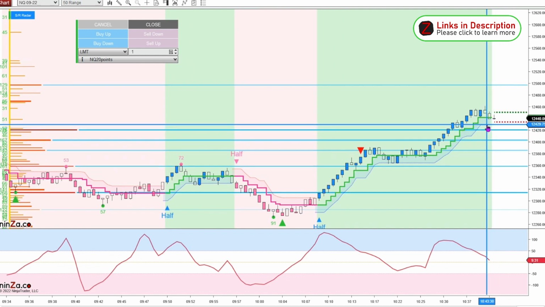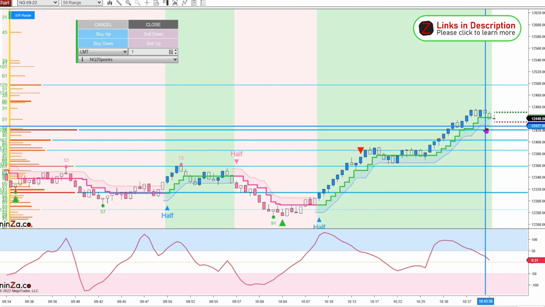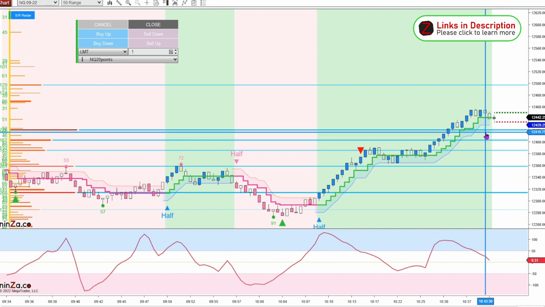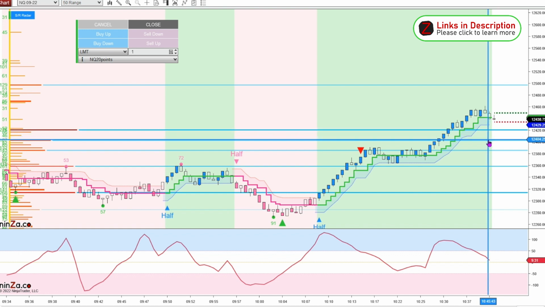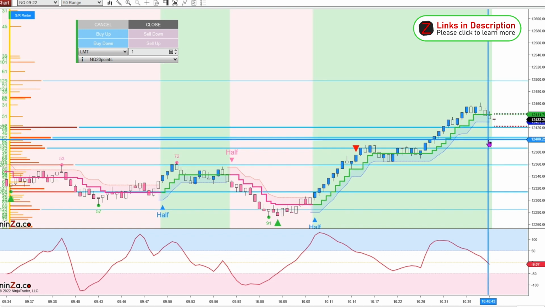So now we have our half trend pro stop line right here at 28. That will send us into a downtrend on the half trend pro. If it did clear this support and resistance radar line at 20, I would take that short down to this next line.